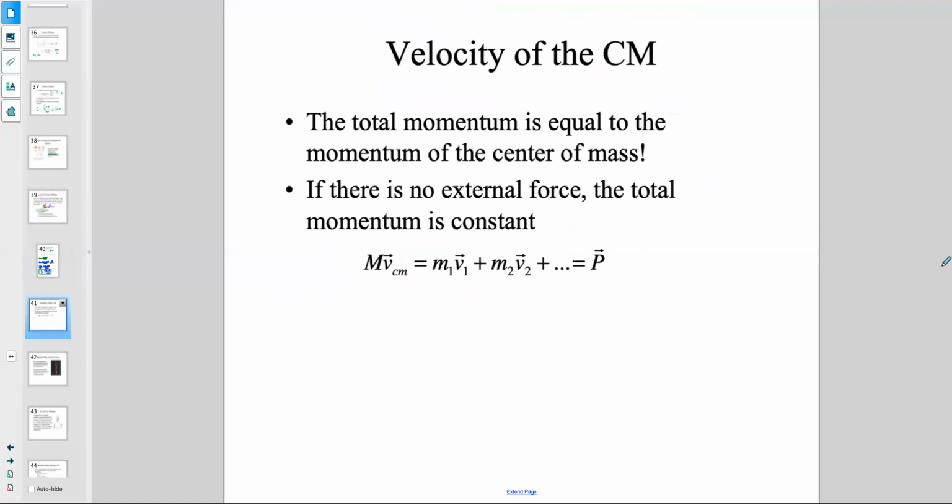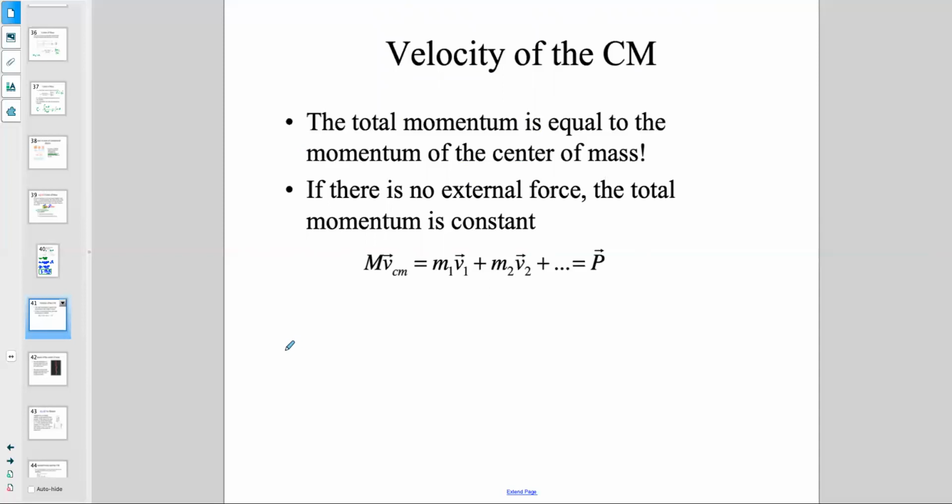Now, the total momentum is equal to the momentum of the center of mass. In other words, I have multiple objects, and I can consider those multiple objects being concentrated at the center of mass. And so the total momentum is equal to the momentum of the center of mass. If there is no external force, the total momentum is constant.